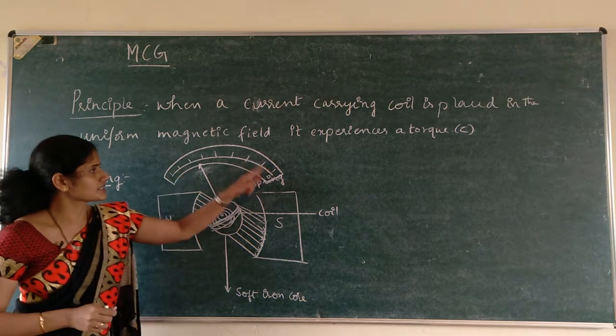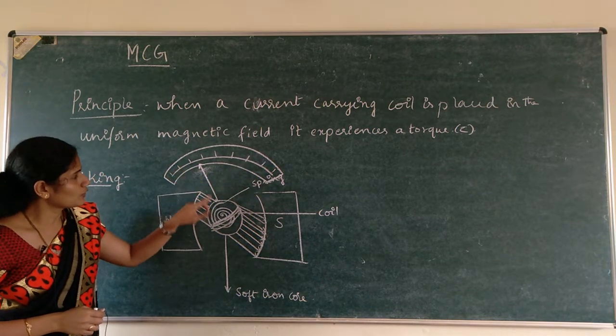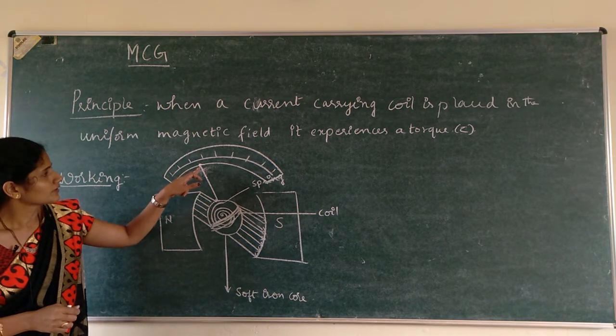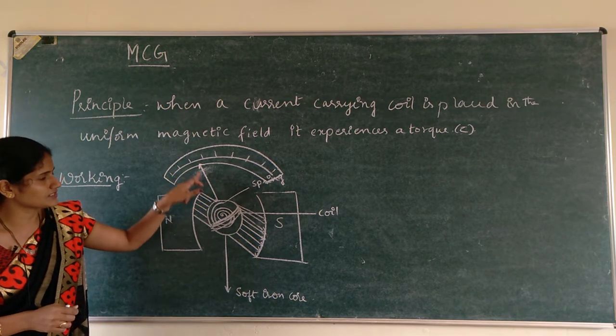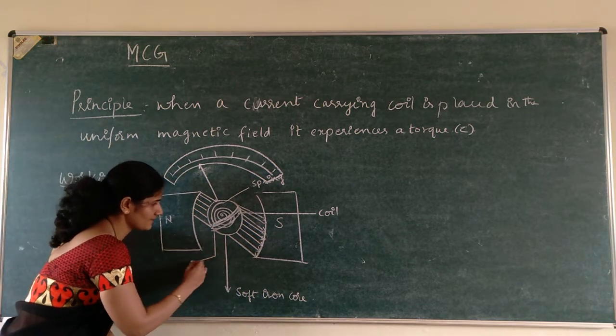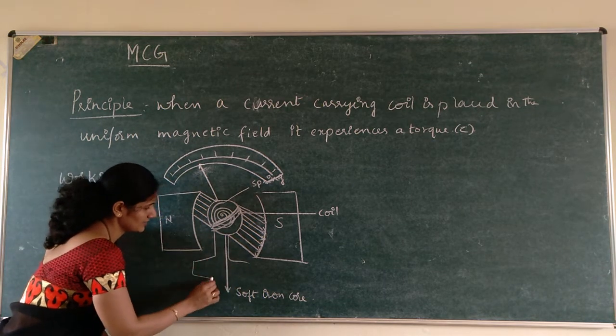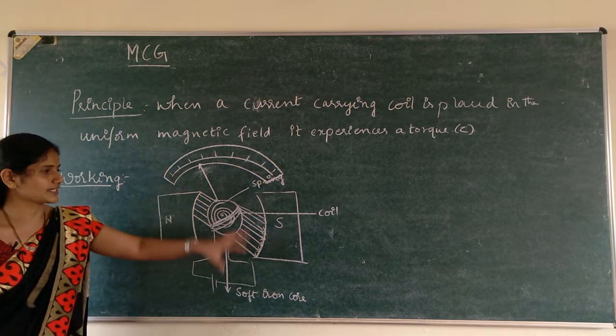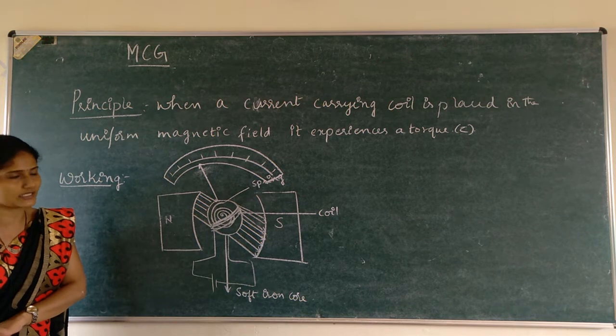So this is the scale, and in order to show the deflection we need one pointer, and this is the pointer, and this coil is connected to the external circuit. Okay. So this whole setup is connected to the external circuit.